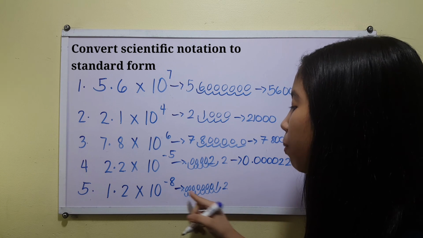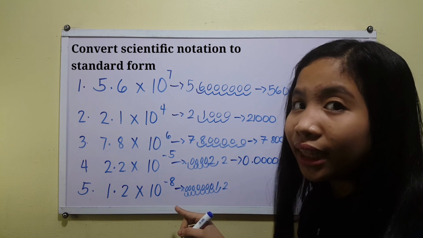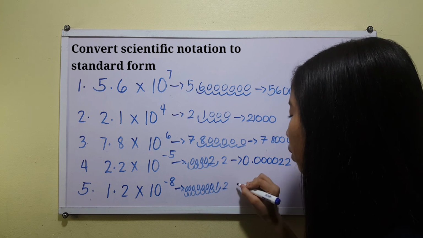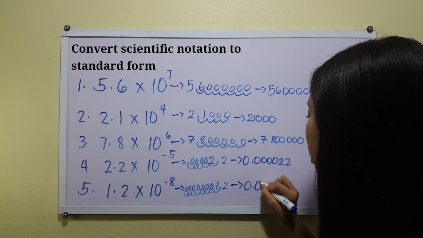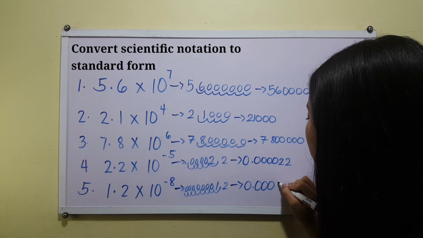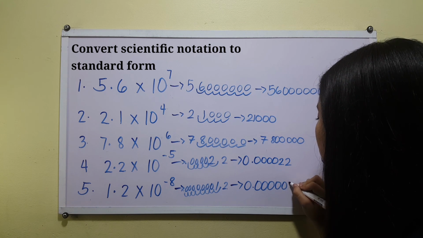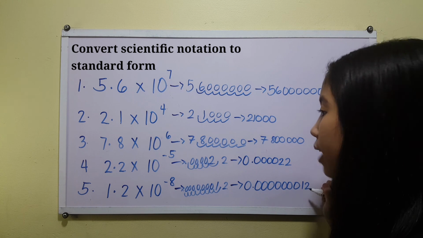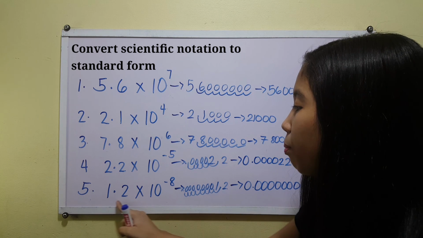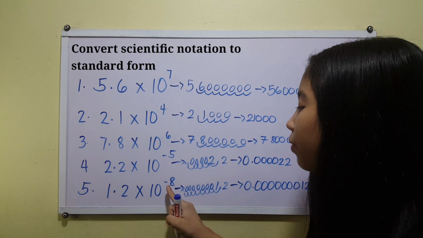Again, you can put 0 before the decimal point, but it is still not counted with the exponent. So you have 0.000000012 as our standard form for 1.2 times 10 to the power of negative 8.